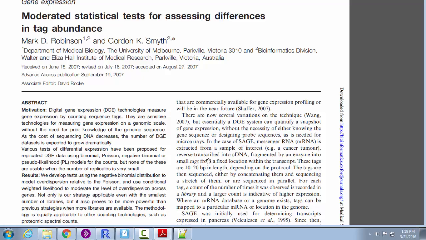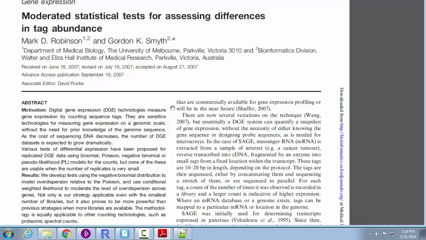So this came out in 2007, and there's a handful of methods that do similar things for analyzing next-gen sequencing data. This was one of the earlier methods proposed for RNA-seq data primarily, but also applicable to other types of next-gen sequencing applications.